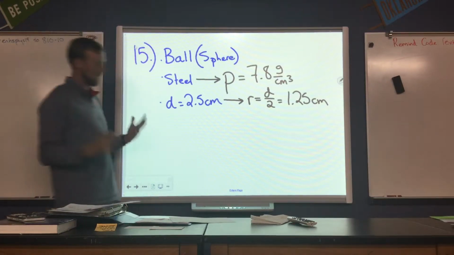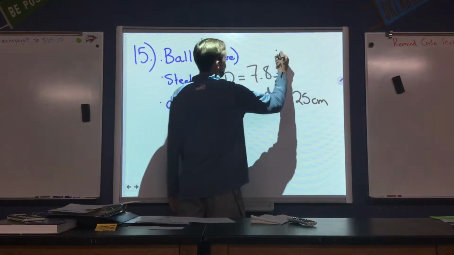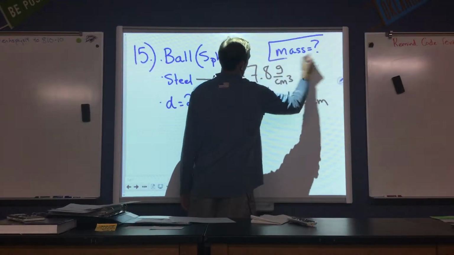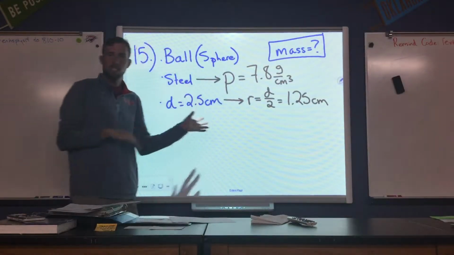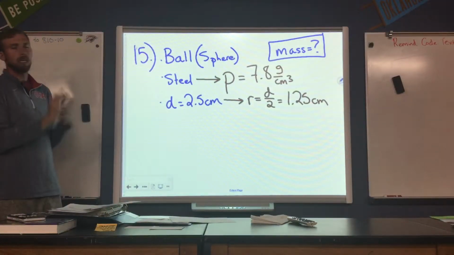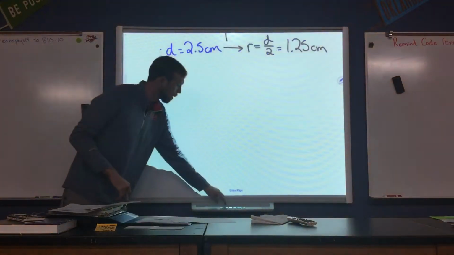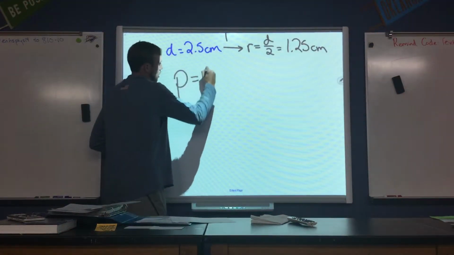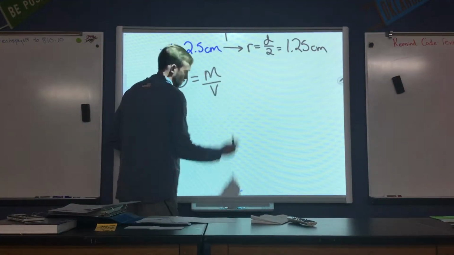So we're here looking for a mass, similar to what we did in problem number 14. Okay. So we're dealing with volumes, densities, and dimensions of our sphere here. So we're probably going to need to use our density equation. Looks like this. Rho, density, is mass divided by volume.